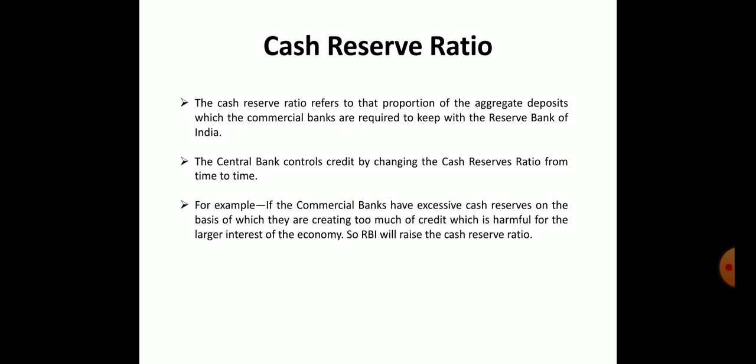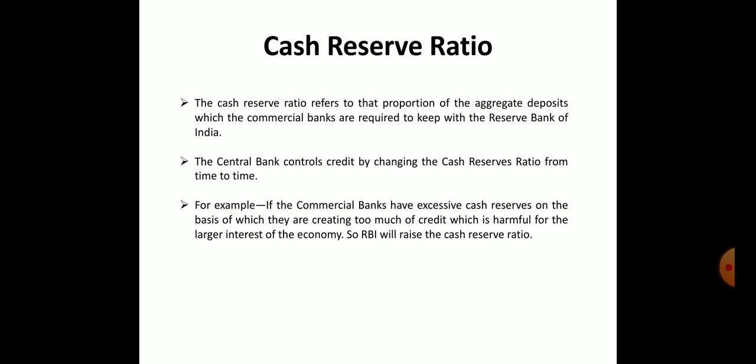For example, if one bank has time and demand deposits of 1 crore rupees, and RBI increases the cash reserve ratio by 1%, then 1% of 1 crore is equal to 1 lakh rupees, so they will give that much less credit to the market.